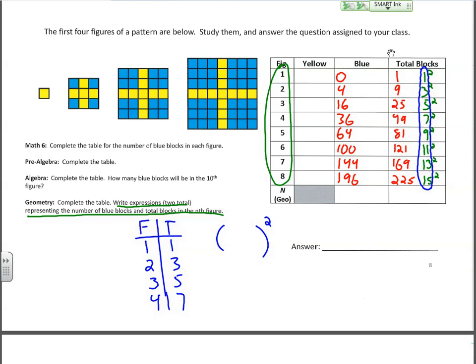These numbers were the even perfect squares. Right? So again, when you make your function table, you're going to be looking for how do I get from the figure number to these numbers here. Okay? And you could go that route.